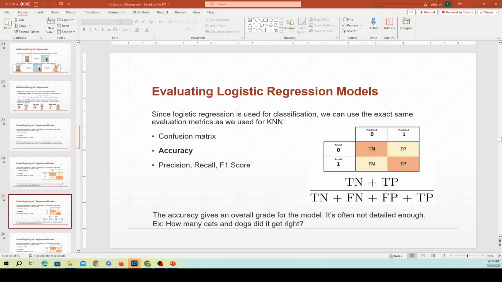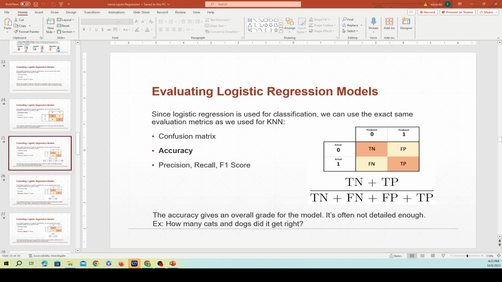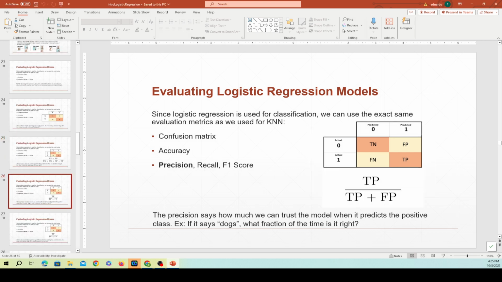Then we have the precision. Precision will be the probability of getting it right, true positive. Sorry, not that one. I chose the wrong one.